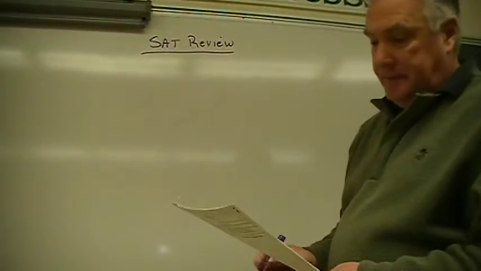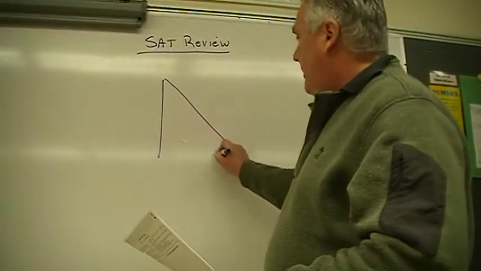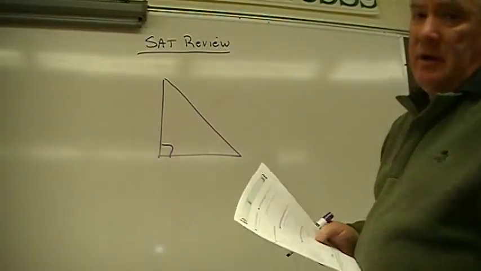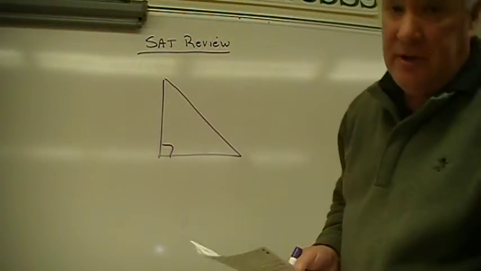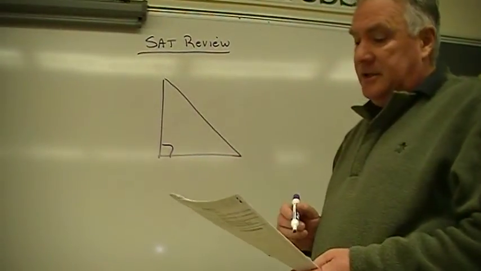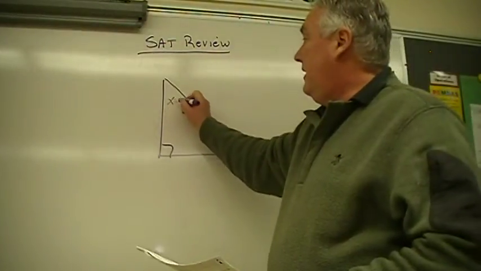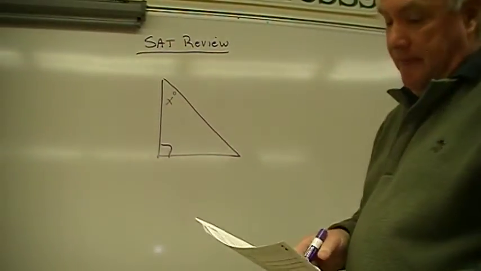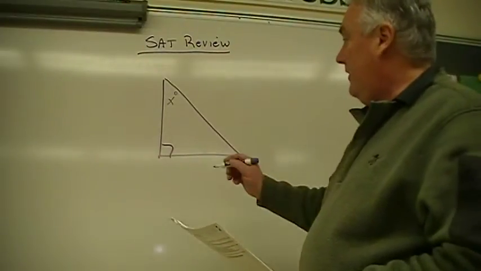19 deals with right triangles. It deals with trigonometry, and you haven't done a lot of trigonometry unless you had CP geometry last year. We have a right triangle. It says in a right triangle, one angle measures x degrees. So we're going to say this is x, where the sine of x is 4 over 5.